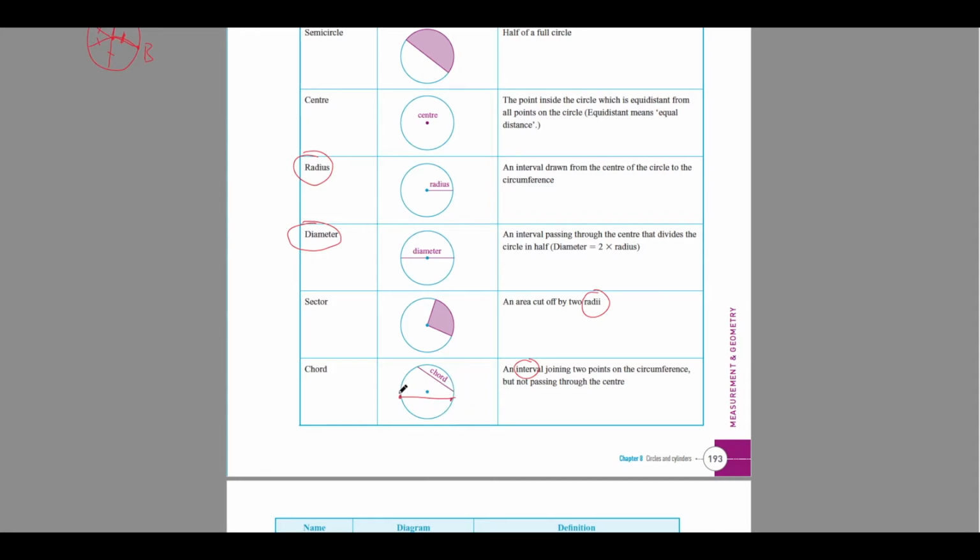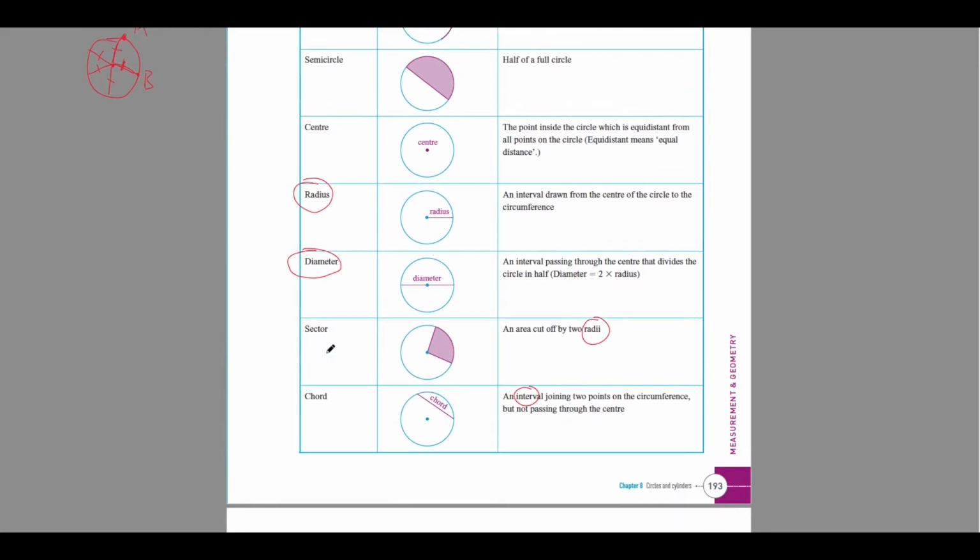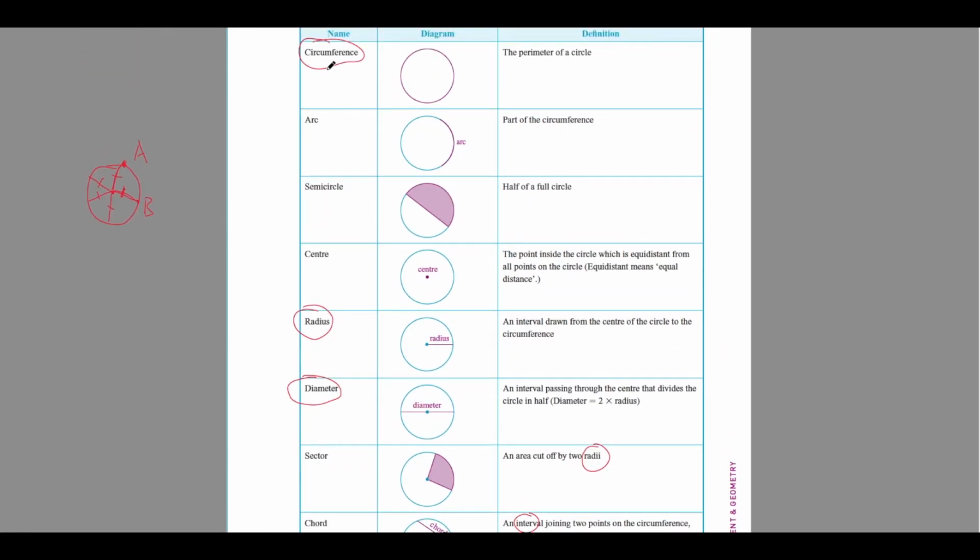This is also a chord. As long as it joins 2 points on the circumference, it's called a chord. This word you won't see that much, but like I said, the ones that are circled are the important ones: circumference, radius, diameter.